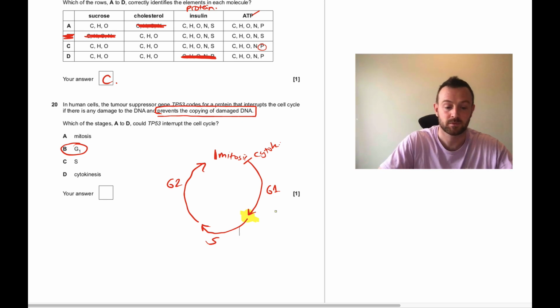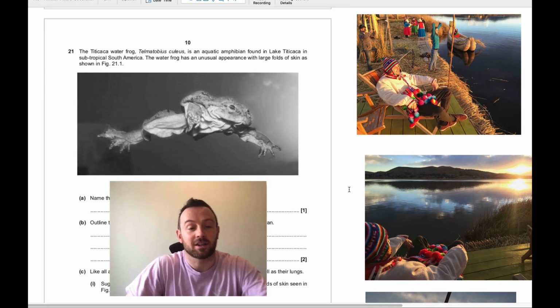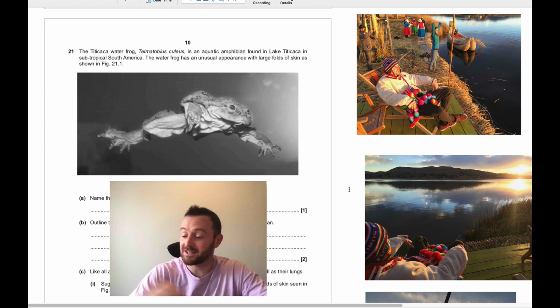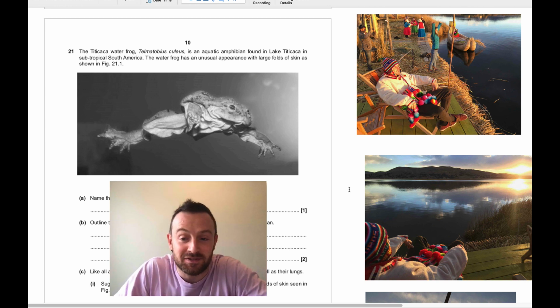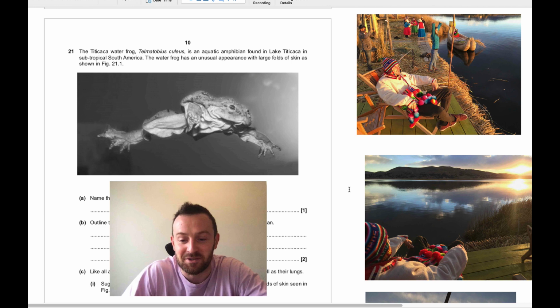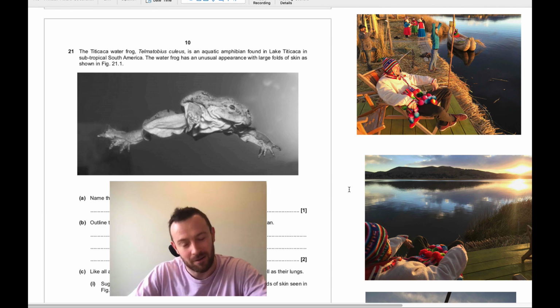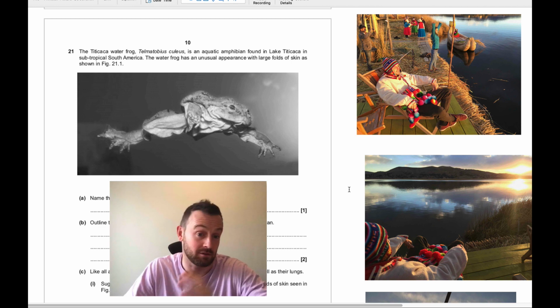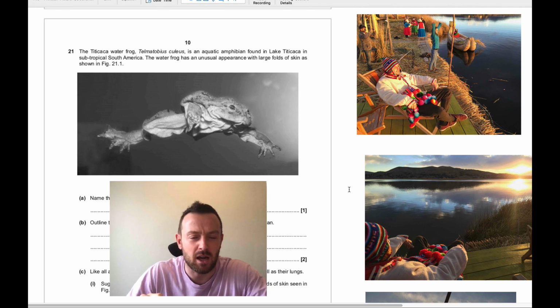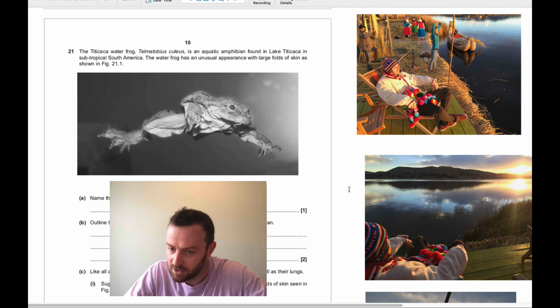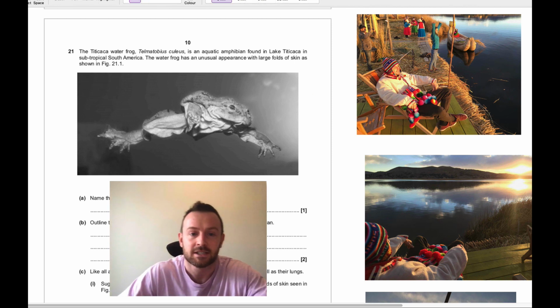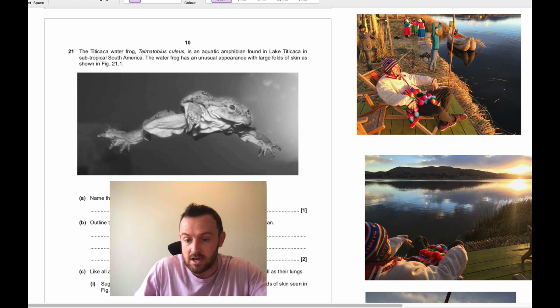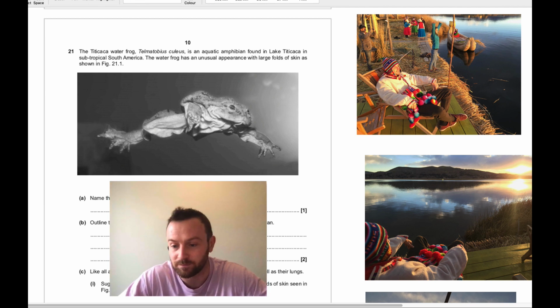So here we go. Okay, here we are, question 21. Now this is all about a water frog that lives in Lake Titicaca. When I was preparing this video, I thought I'd put in some pictures of me on Lake Titicaca because I went there about 3 years ago. So here's me sitting on Lake Titicaca over here on the right, looking out across this beautiful reflection and sunset.